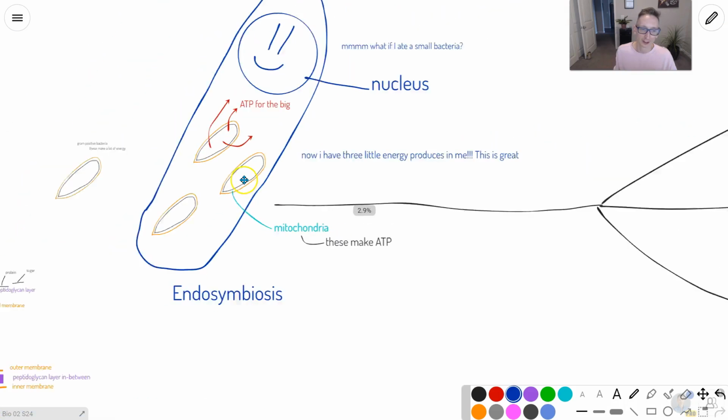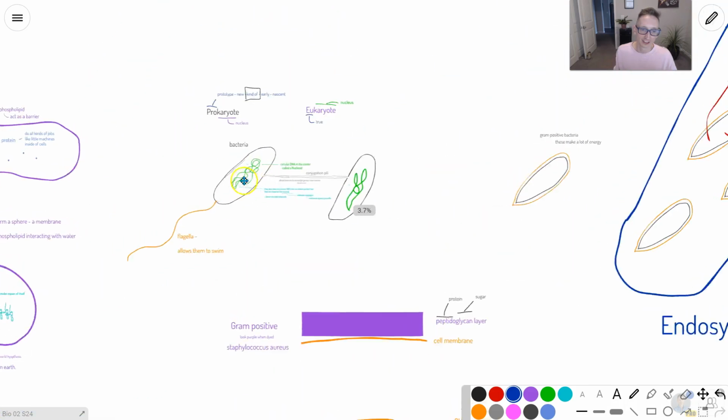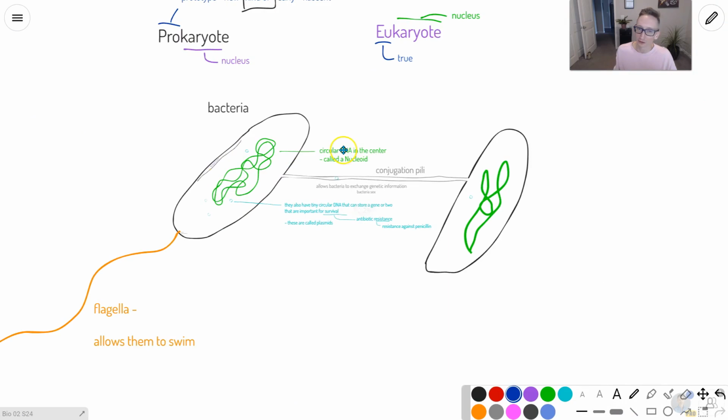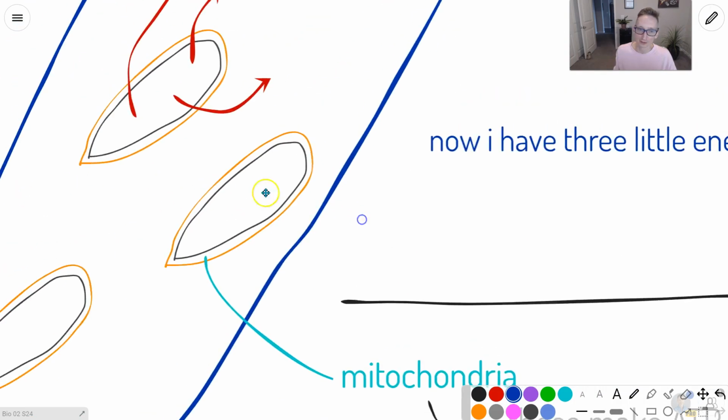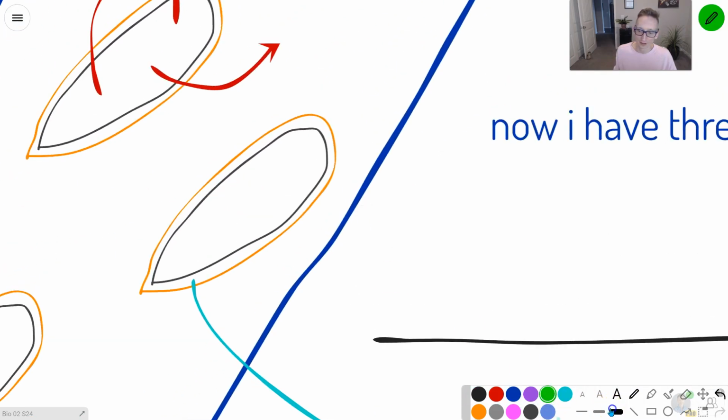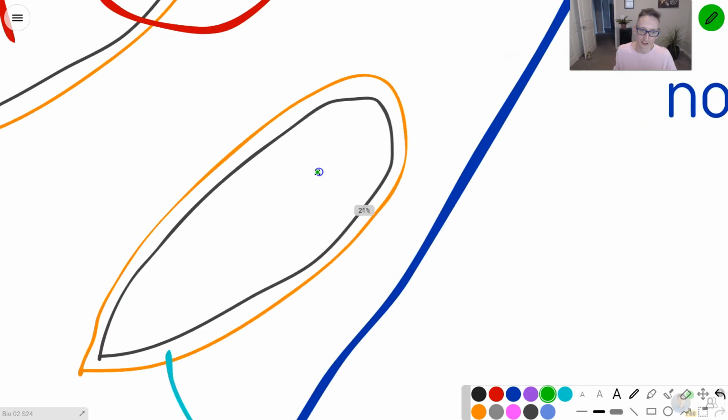If we go back here and look at this, bacteria have circular DNA in the center in a nucleoid. Guess what mitochondria have? You don't have to be a genius to figure this out at this point. They got circular DNA, like that. And it looks like a nucleoid.